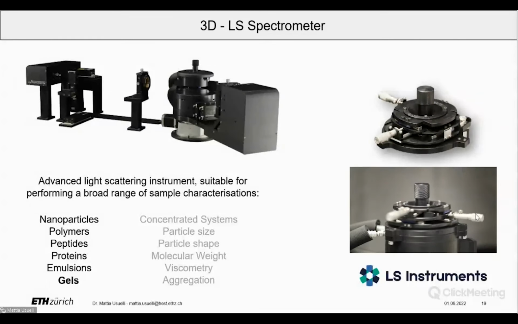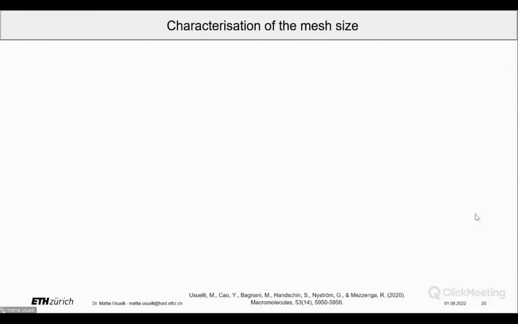You can see in this video that it is possible to set the sample goniometer to perform a constant rotation of the sample at a specific speed, so that I can also perform my ensemble averaged intensity that is scattered from the sample, which is then useful to correct the single measurements that I perform when the sample goniometer is kept in a fixed position. So we use the 3DLS spectrometer.